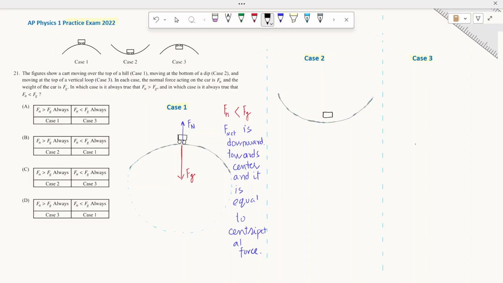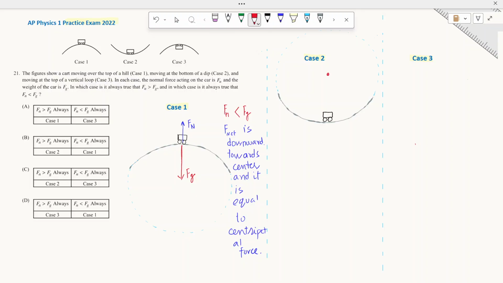So let's proceed to the next part. The same cart is now moving over the track, and right now it is at the bottom. Once again, you can see that the center of this circular path is somewhere here.